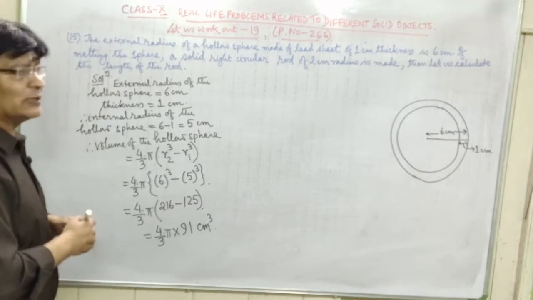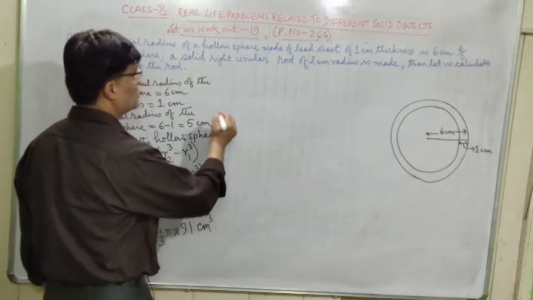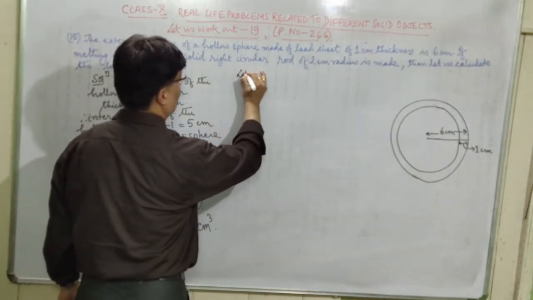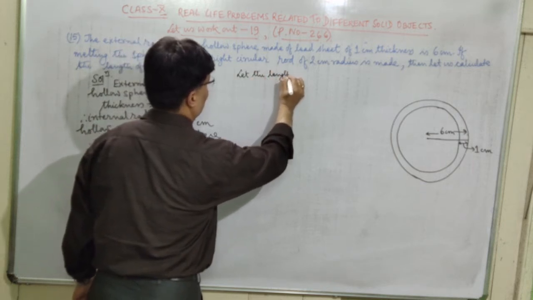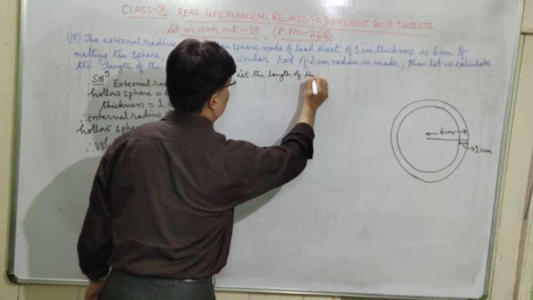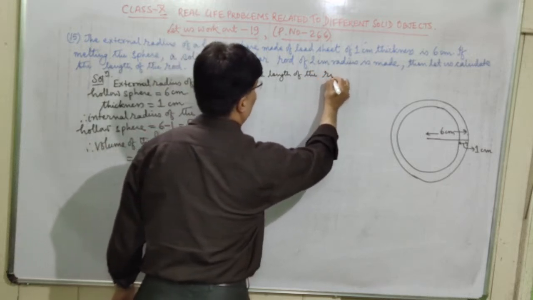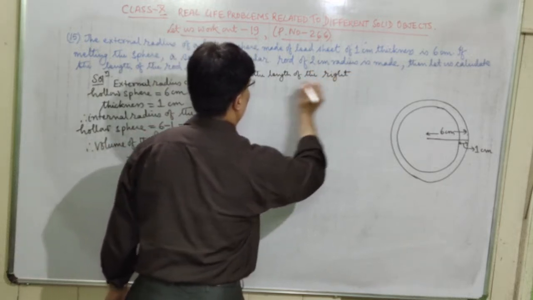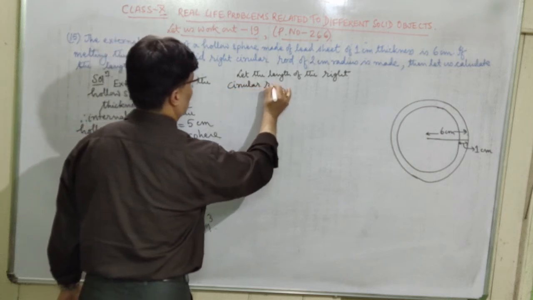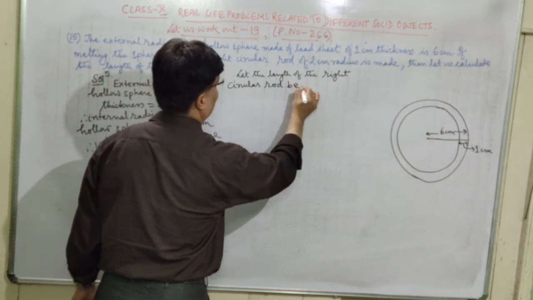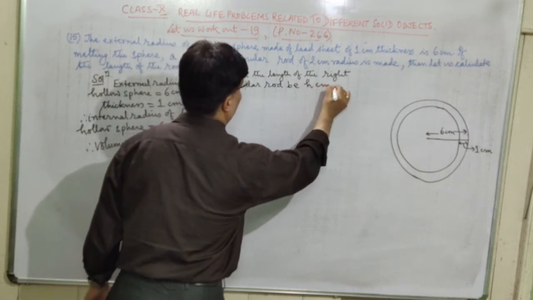Now let us calculate the length of the rod. So let us assume here, let the length of the right circular rod be h centimeter.